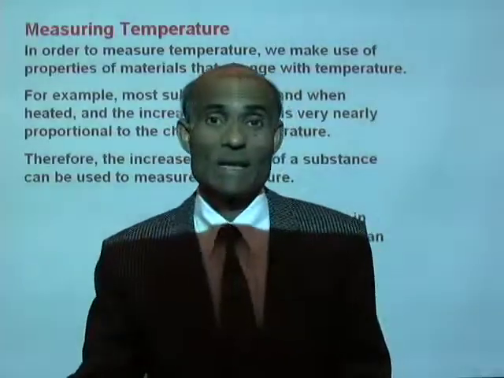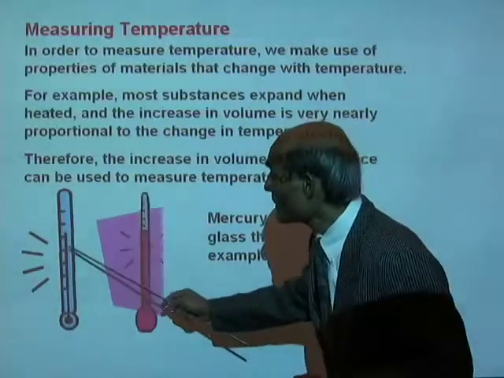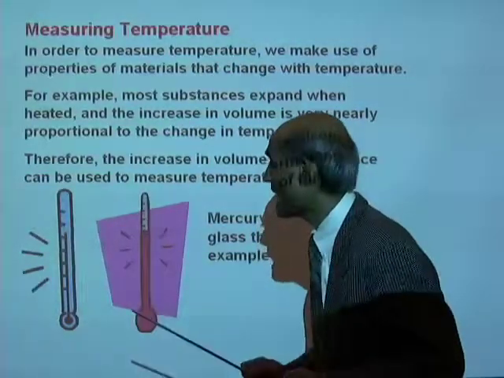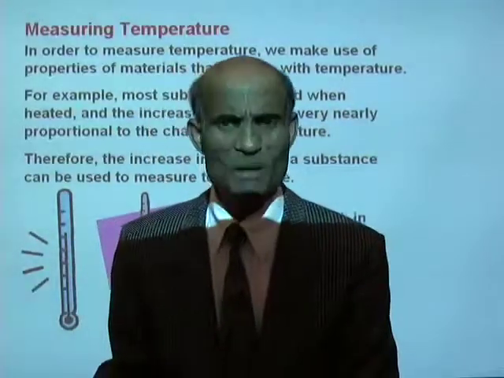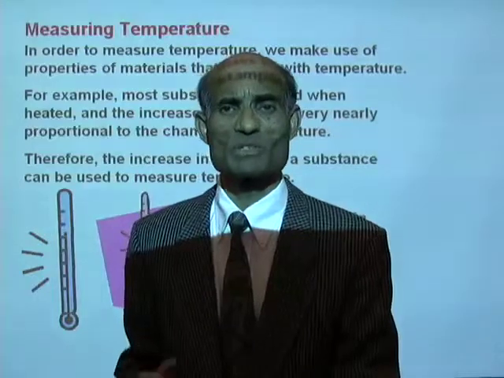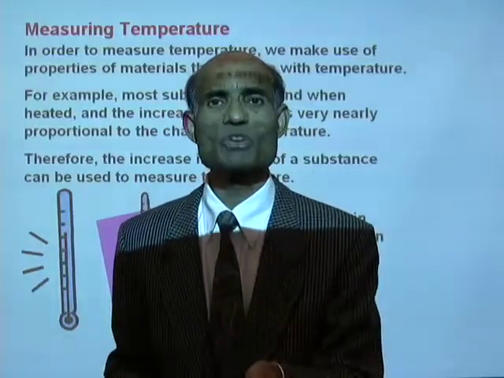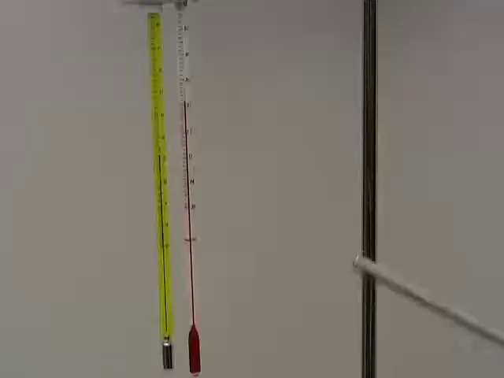Alright, now here I have a mercury thermometer and an alcohol thermometer. I'm sure most of you have seen thermometers, but let me take a minute to show you these two thermometers.